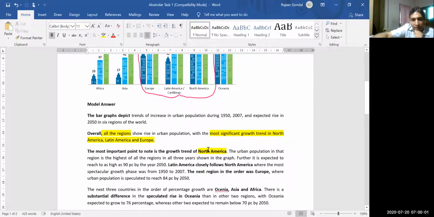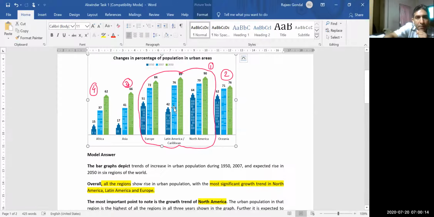The urban population in that region is the highest of all the regions in all the 3 years shown in the graph. As you can see, the graph clearly shows that in this area, the urban population was the highest, 64, 79, 80. So none of them were able to touch it.